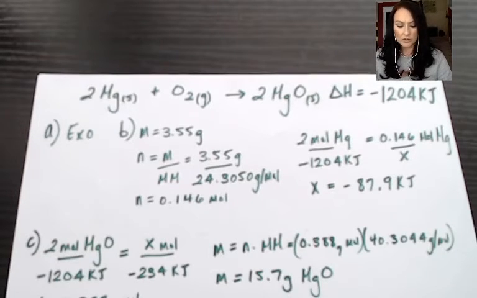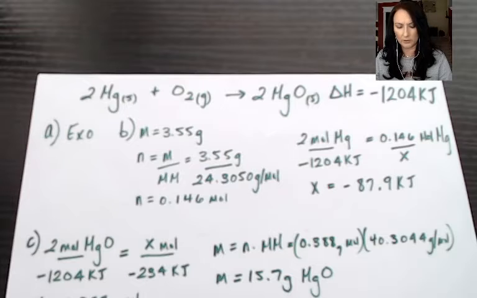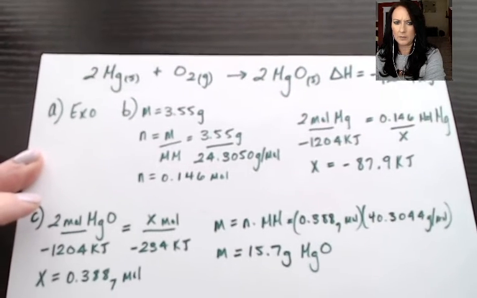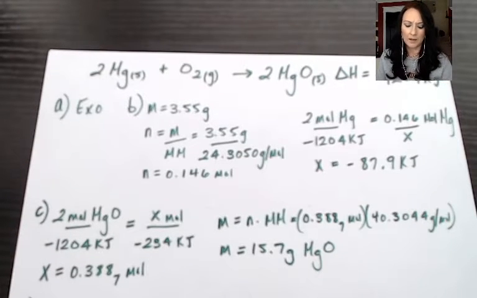Part C of that question is similar again. It wanted to know how many grams this time of magnesium oxide were produced when an enthalpy change of negative 234 kilojoules occurs. So I'm going to just move my paper up here so you can see this a little bit better. There we go. So same idea. I only know moles from my thermochemical equation.